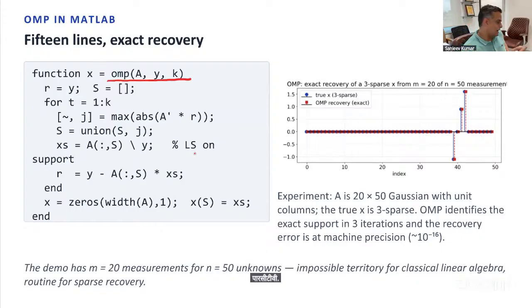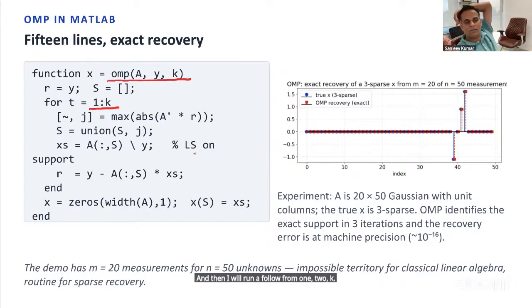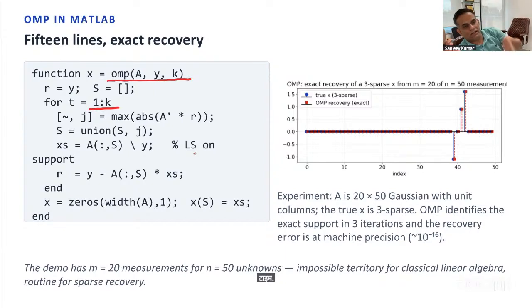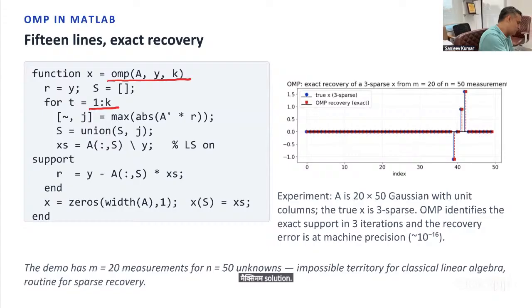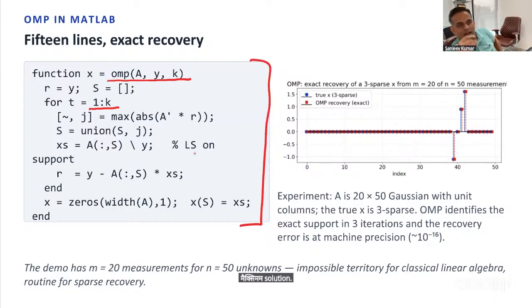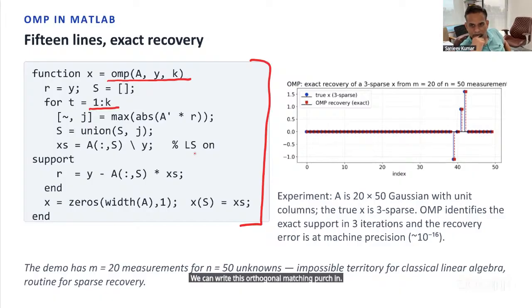And then I will run a for loop from 1 to k. Each time, what will orthogonal matching pursuit do? It will find out the column of A which is having the maximum covariance, and will take that as one of the solution, and in that way it will go. And then we will remove it, we will go again. So we will look for the greedy solution. So using 3, 4, 5 lines, we can write this orthogonal matching pursuit solver in Matlab.